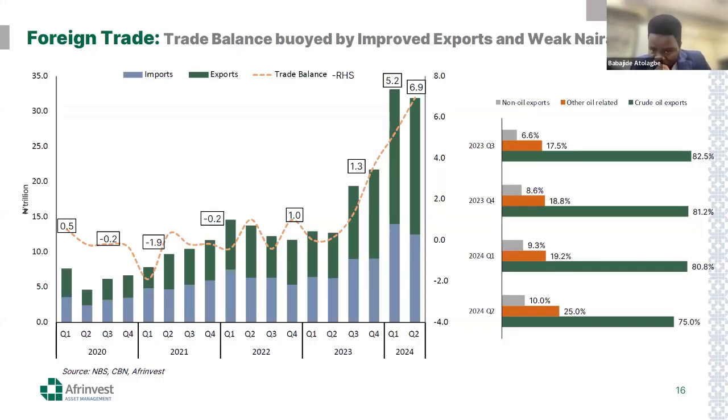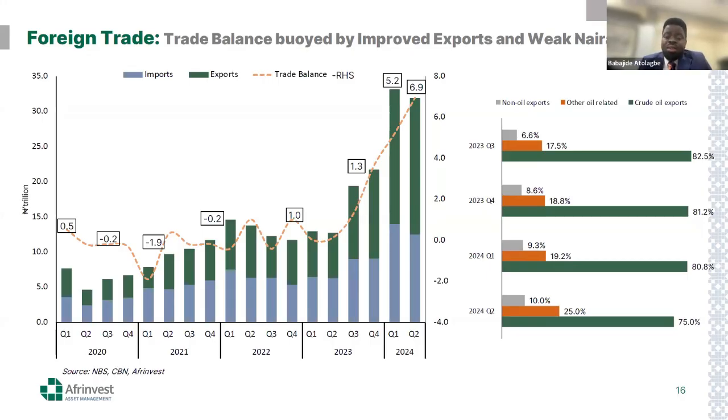Our total trade sums up at 6.9 trillion, right? And it's largely tied to the policies that the government has introduced that has opened up the economy much more, and has seen the influx of new businesses in different areas of the economy, and also partly due to the fact that the currency devaluation has also increased the number.